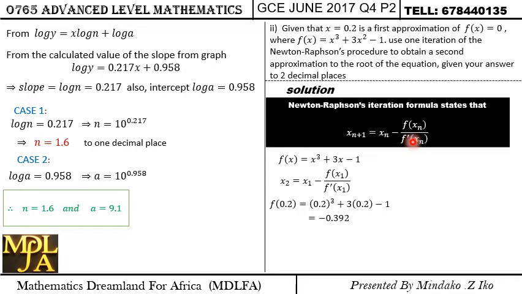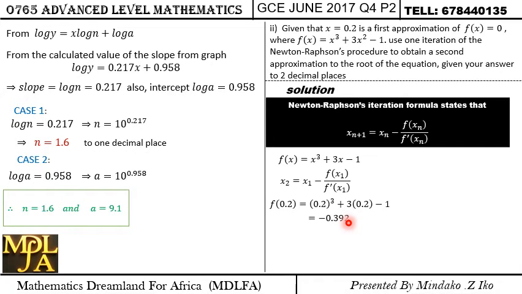So my f of x1, where the x1 given is 0.2, means f of 0.2. Where I find x, I will put my 0.2 there, since x1 is equal to 0.2. Therefore we have f of 0.2 equal to 0.2 cubed plus 3 times 0.2 minus 1. And if you input this in the calculator, you have f of 0.2 as negative 0.392.